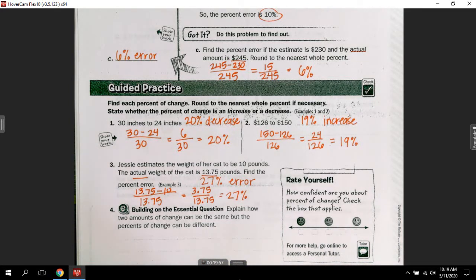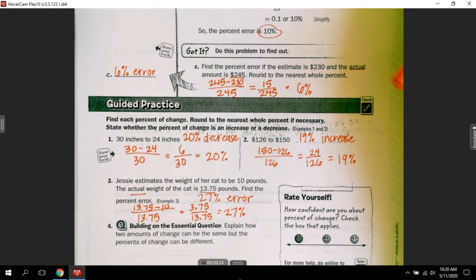Say the amount of change was 5 for 2 different problems. The first problem, your original number may have been 20, but the second problem, the original number may have been 30. So your amount of change is still the same, but the original amounts are different. So that's how the percent of change is going to be a little different. So that bottom number can change everything.